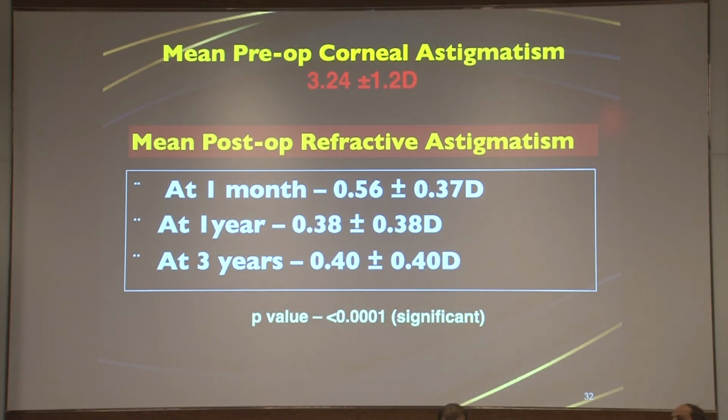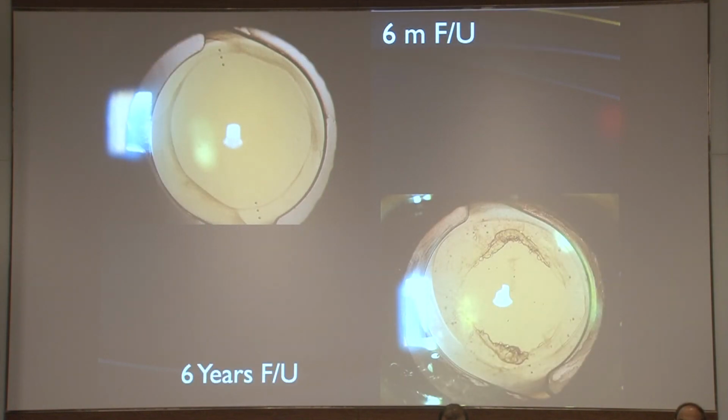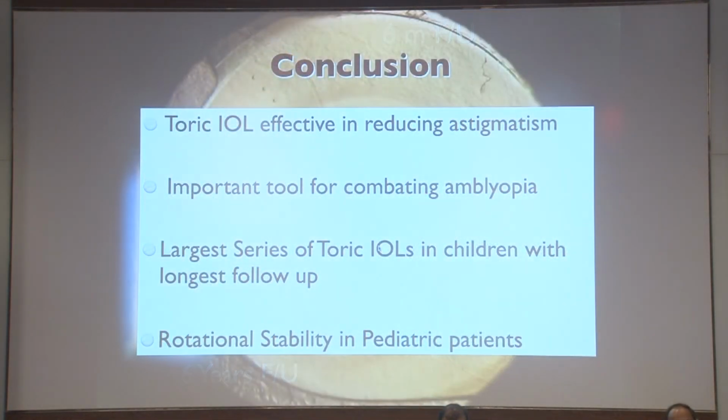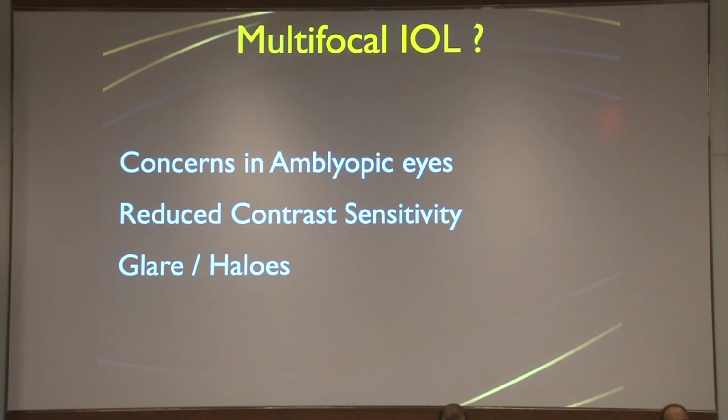We found significant reduction in their refractive astigmatism, because remember, astigmatism is one of the leading causes of amblyopia, and you can do a toric IOL even with a PCCC being done. The IOLs remain stable. We have found it to be an important tool for combating amblyopia in older children, and so far it's been the largest series of children with toric IOLs.